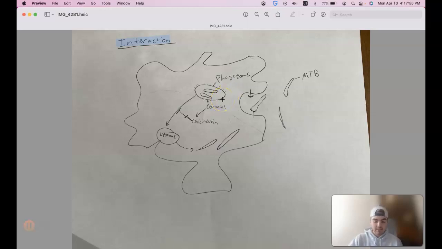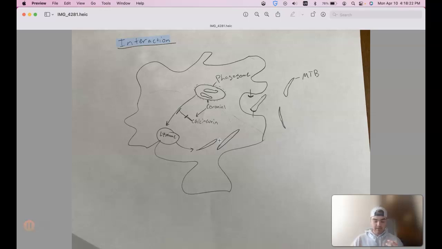But MTB has this other receptor called coronin-1, and it blocks the fusion of this lysosome by this calcineurin. And so in a normal way, it goes from this phagosome to the lysosome to be lysed, but because this is blocking this lysing step, it's just going to come out as this tuberculosis.